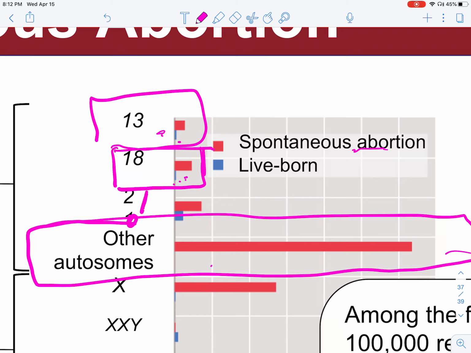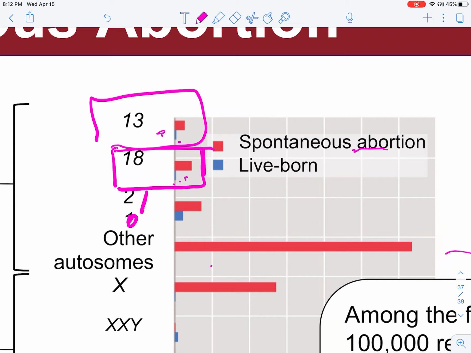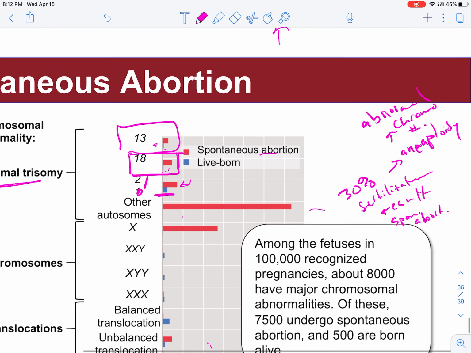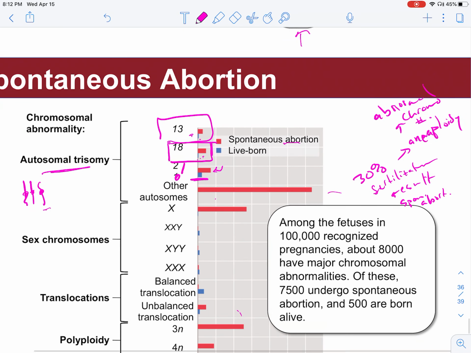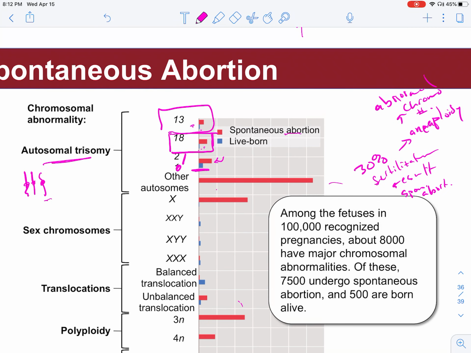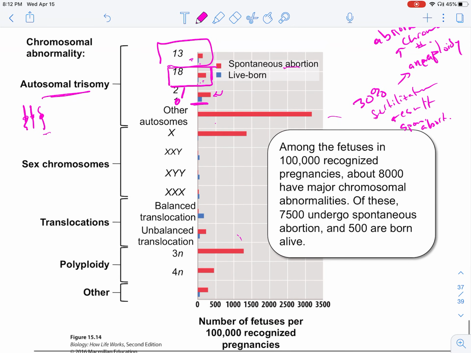And then trisomy 21, you see here, you do get a lot of spontaneous abortions, but there is a significant fraction of live births. And we should recognize trisomy 21 as Down syndrome. And so you have successful live births, although there are some consequences in terms of morphological differences and mental cognitive issues.